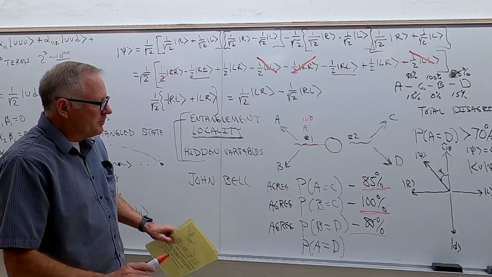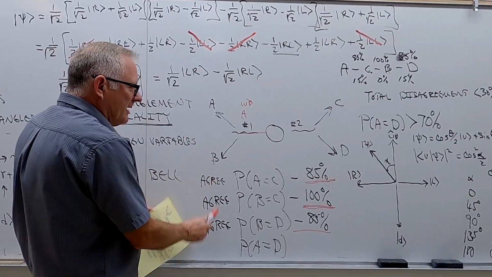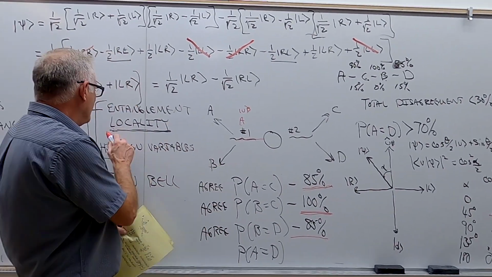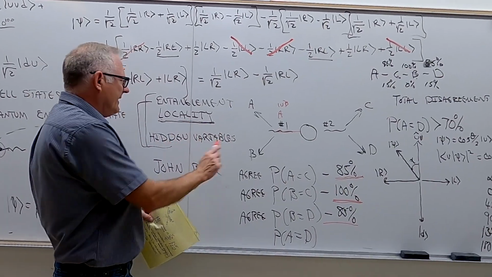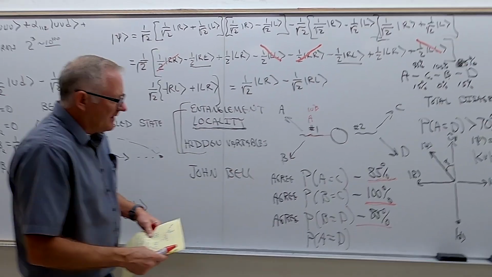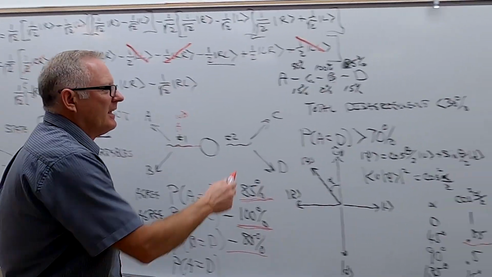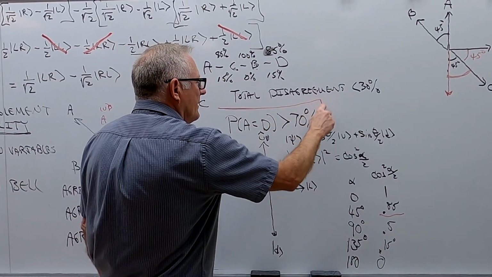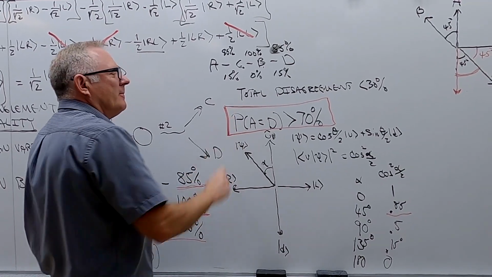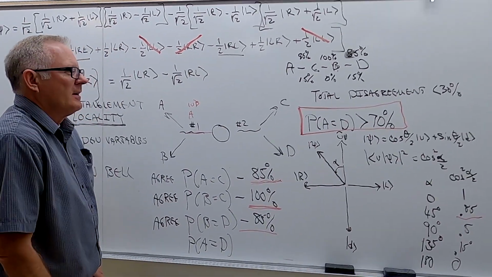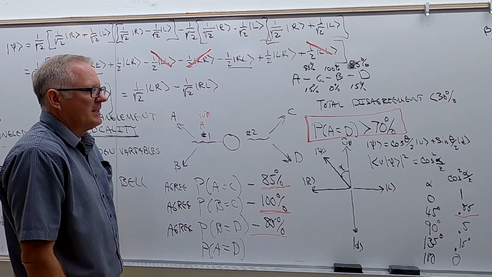So far, the experiment is exactly like this one that Bell said right here, where he assumed locality and hidden variables. And then when he calculated A equal to D, he said this inequality has to be true. This A equal to D has to be greater than 70%.